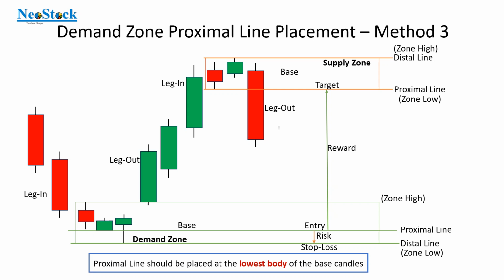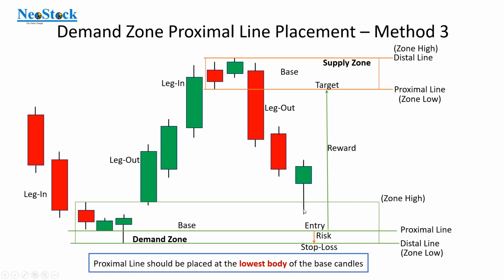What is the problem? Entry. Did the price reach the proximal line? No. The price reached up to this level, and the pending orders, institutional pending demand orders, or we can say institutional pending buy orders, pushed the price up.